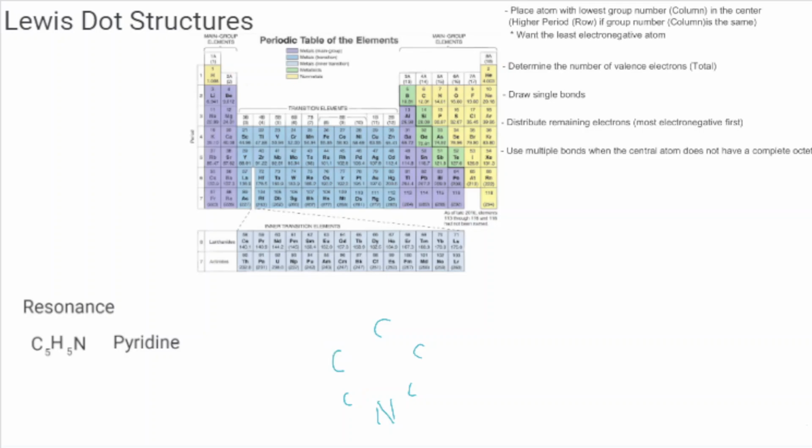Alright, so we have our general backbone here. We'd have hydrogens by each of the carbons, and then I draw in my single bonds.